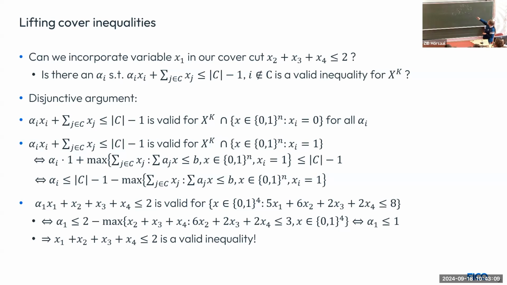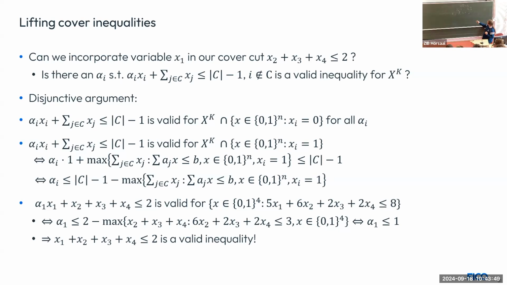Okay, so let's look at our example. This is the original knapsack constraint that we started from. We now check what value we get for alpha if we assume that x1 is part of the knapsack, so x1 is equal to 1. Then alpha 1 is the right-hand side of this cover inequality minus the maximum that this form can attain, given that x1 is in the knapsack, so the knapsack is less equal than 3.